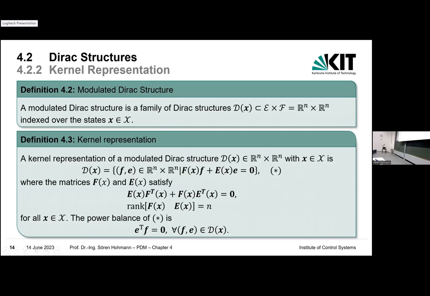That's the first thing. Second, E and F have the property that they also have a similar rank, so we do not have more variables in F than in E, so they are some sort of conjugated, which you find here in this rank condition, and E and F and F and E also sum up to zero in some sort.